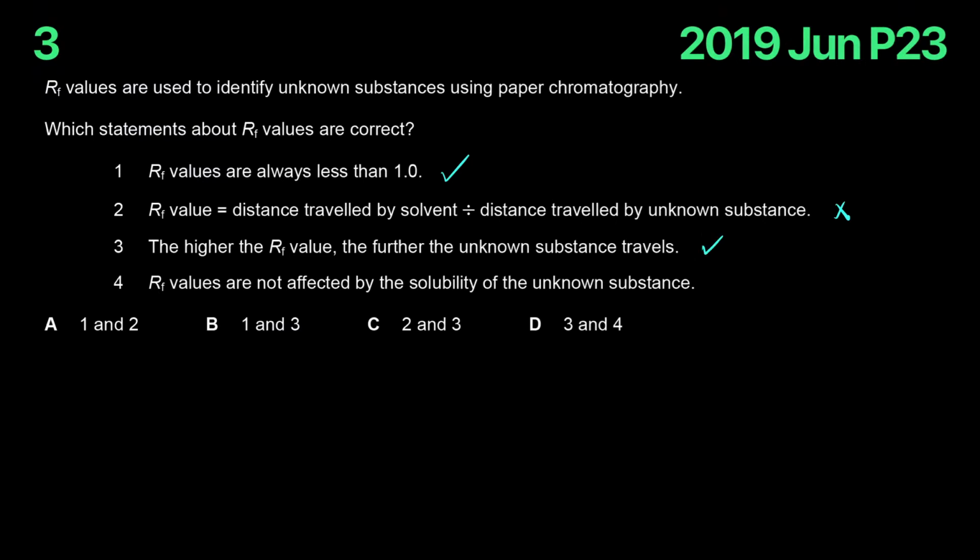The Rf values are not affected by the solubility of the unknown substances. I think they're affected exactly by that, because it's the solubility that carries them, right? So 1 and 3, the answer is B. They travel because of their solubilities.